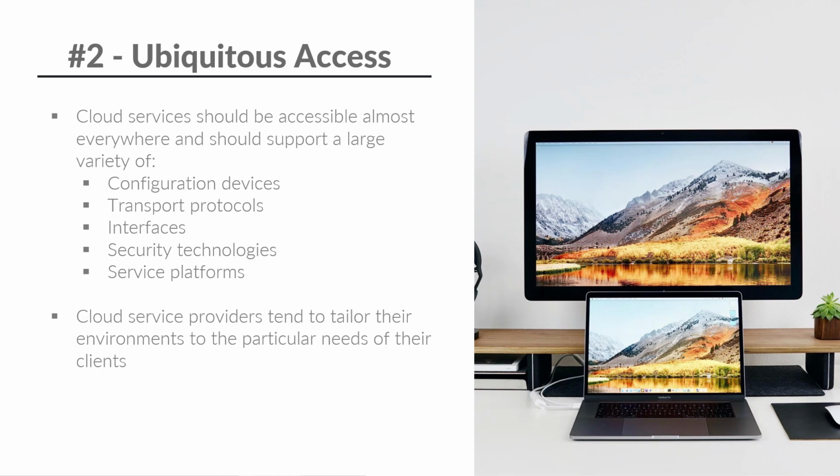And in order to enable this level of access, it generally requires that the cloud service architecture be tailored to the particular needs of different cloud service consumers or clients.